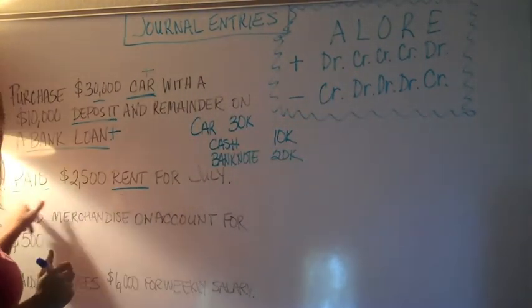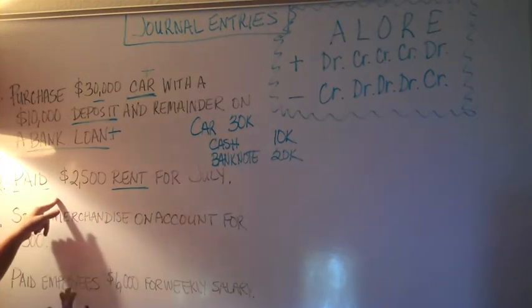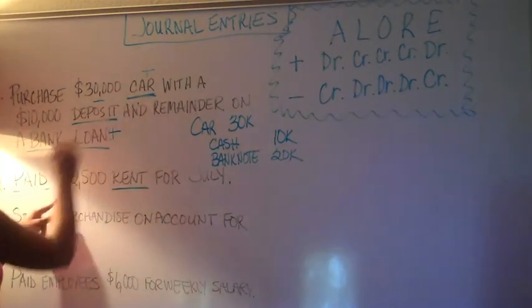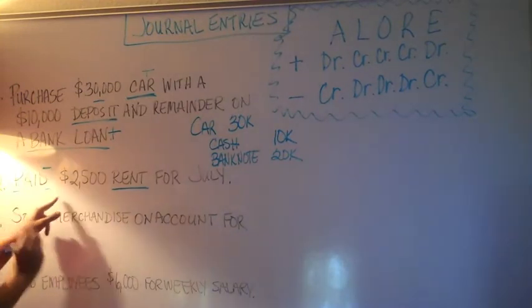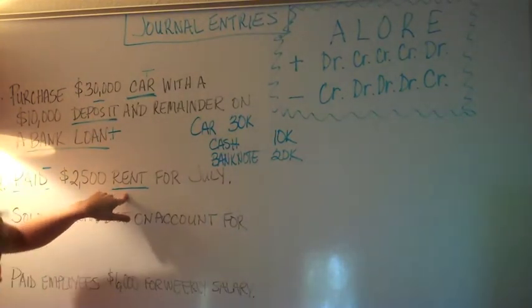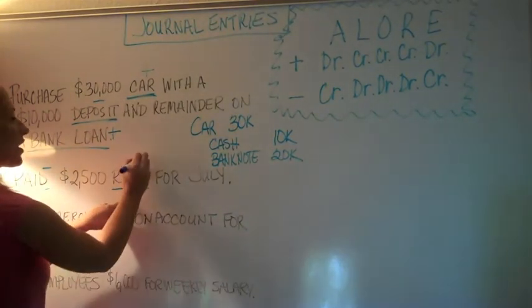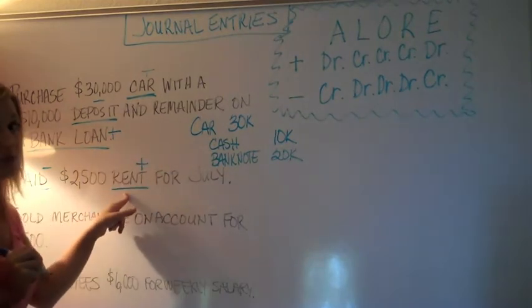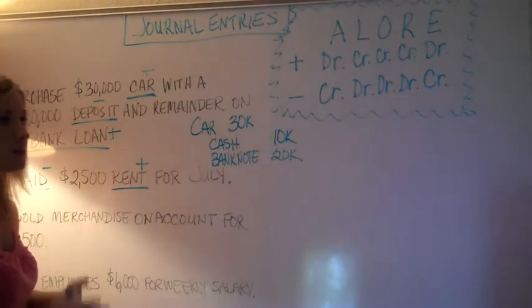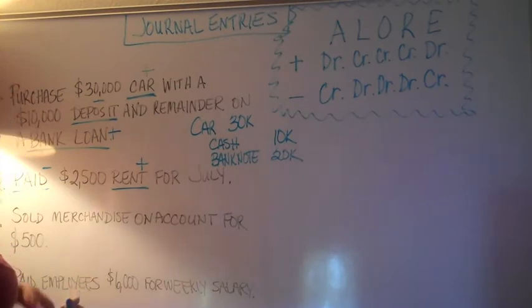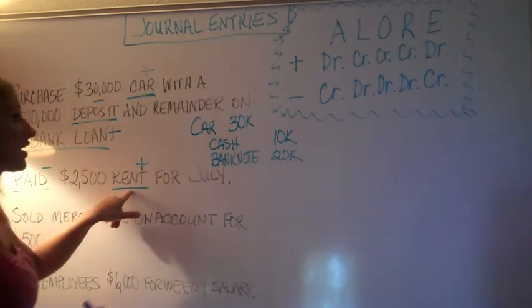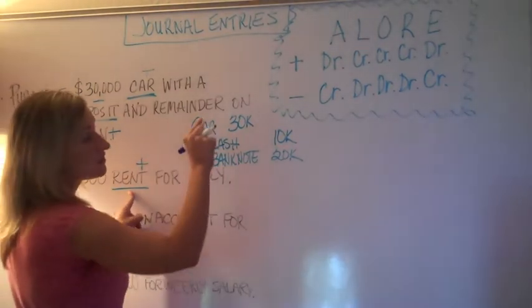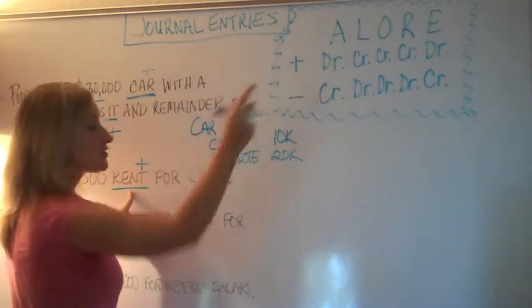So we're paying money, which means that asset is going out of our pocket. So I'm going to put a decrease. We're just starting this expense, so I'm going to put that expense is actually increasing. We're paying rent, we're increasing our expenses. ALORE tells us that rent as an expense that's increasing needs to be debited.